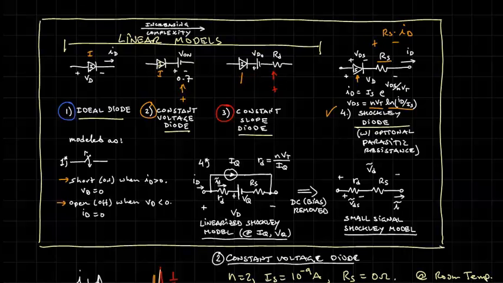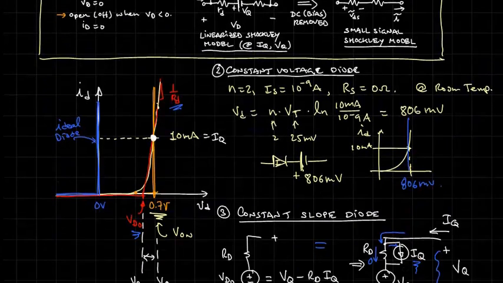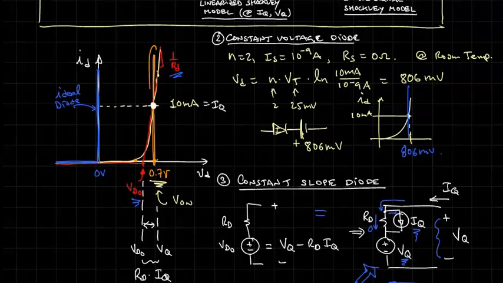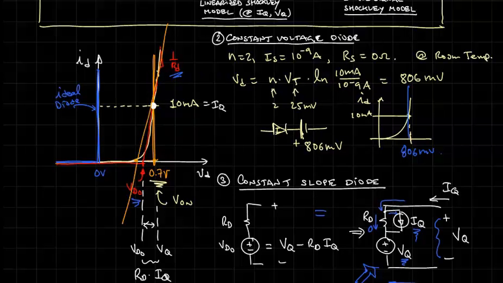The idea of the series resistance is that we are not stuck having a constant vertical slope, but we can put an angle on this, and that angle can be fit to the slope of the actual diode curve around some operating point.